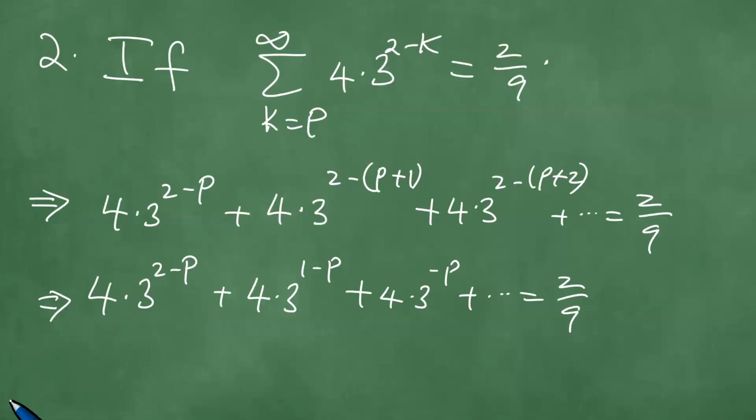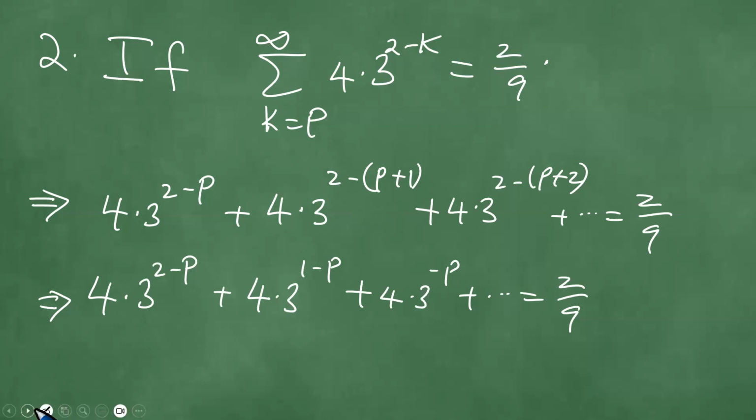Now, a couple of things I want us to focus on: finding the sum to infinity. What is the sum to infinity of these? We know the constant ratio. So what is the first term?